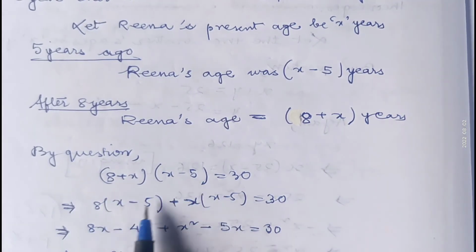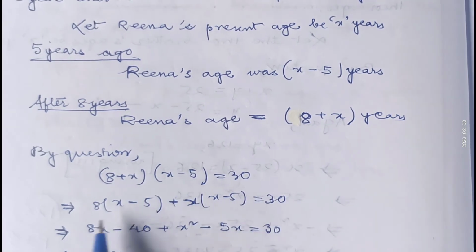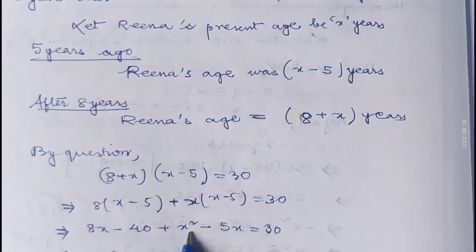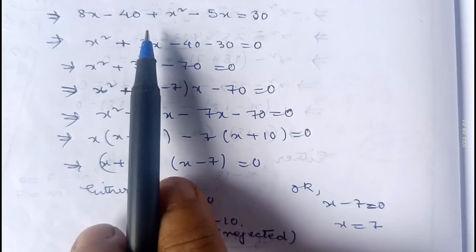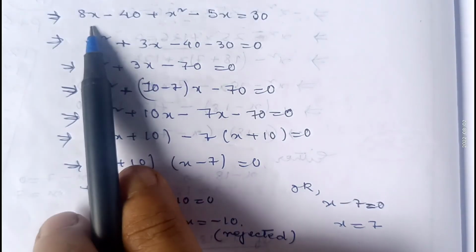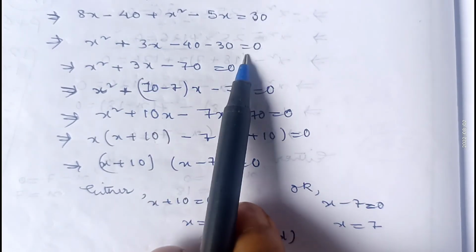So 8 into x minus 5 plus x into x minus 5 equals 30. 8x, 8 fives are 40, so 8x minus 40 plus x square minus 5x equals 30. So x square plus 8x minus 5x will be 3x, minus 40 minus 30 equals 0.